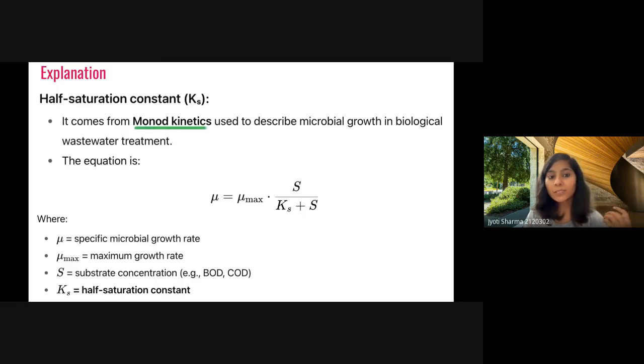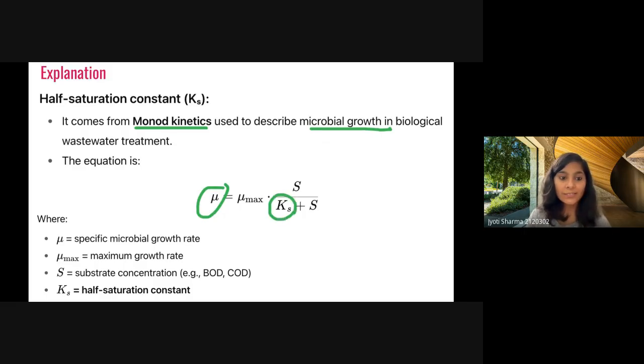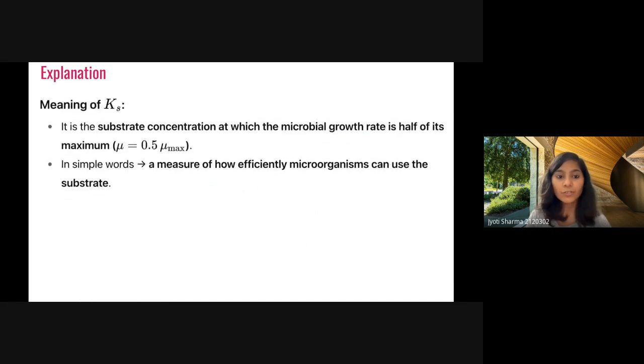We have talked about this Monod kinetics, right? And in Monod kinetics, we had this mu. We described Monod kinetics to tell about the microbial growth. And here we have this Ks. This Ks is the half saturation coefficient, and let me tell you the definition of this.